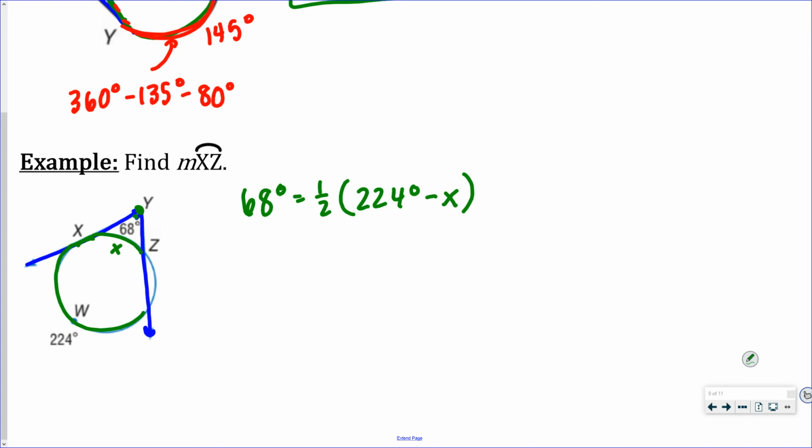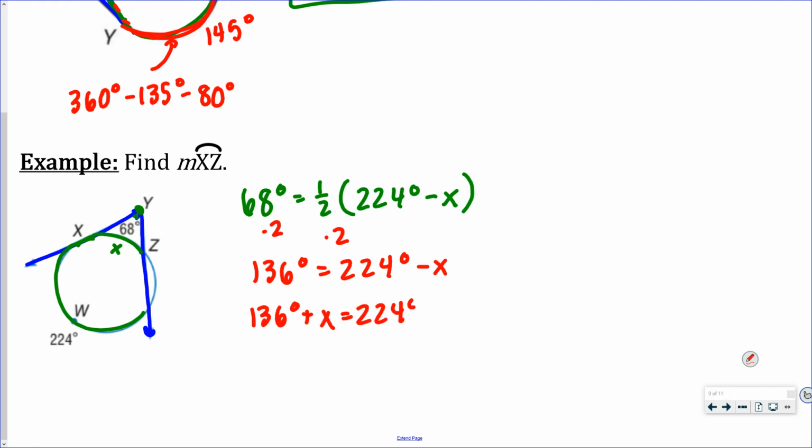This is similar to the one we did a couple times ago. Times both sides by 2. Okay, a couple ways you could solve this. You could minus the 224, divide by -1, or add the x over, and then subtract over the 136.